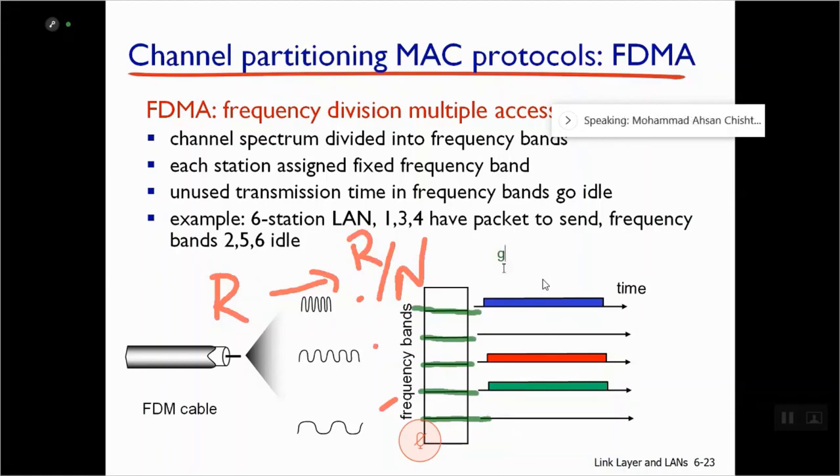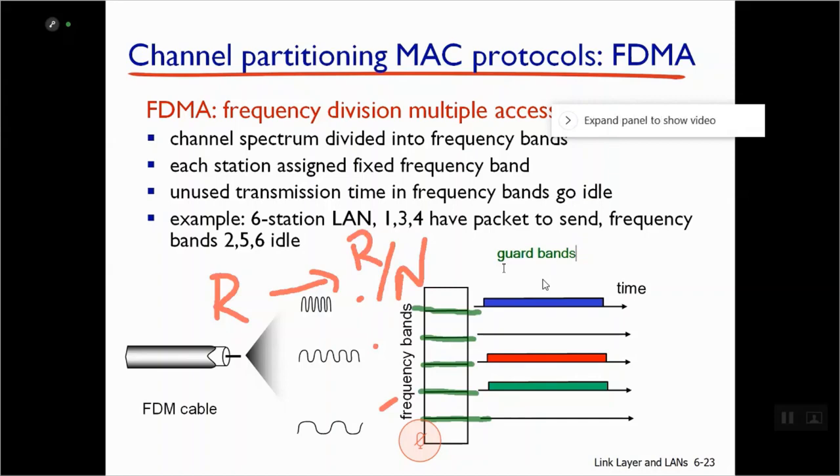I'll just write it here: guard bands. And what are these guard bands? It's a zone between two frequencies which separates the two. One frequency is separated from another frequency with a small band which is known as a guard band.